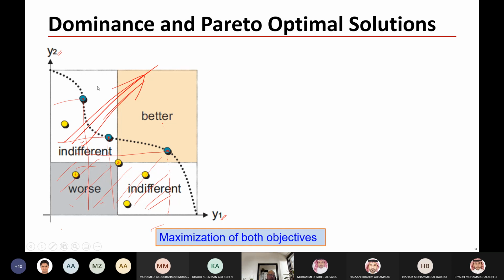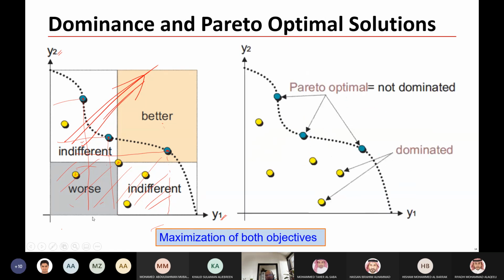Okay? But in general, for the whole population, for the whole 7 solutions, these blue solutions are the Pareto front, or the non-dominated solutions. So this is the Pareto optimal, non-dominated, and all these yellow colors are dominated solutions. So this is for maximization problem.